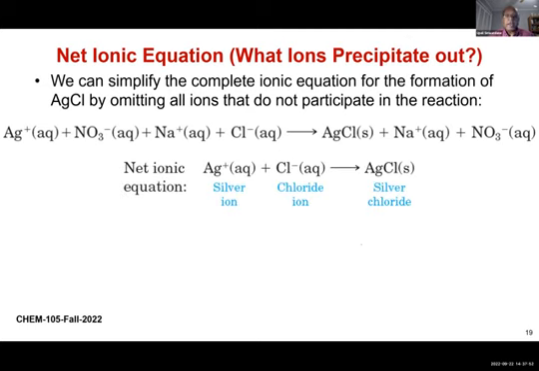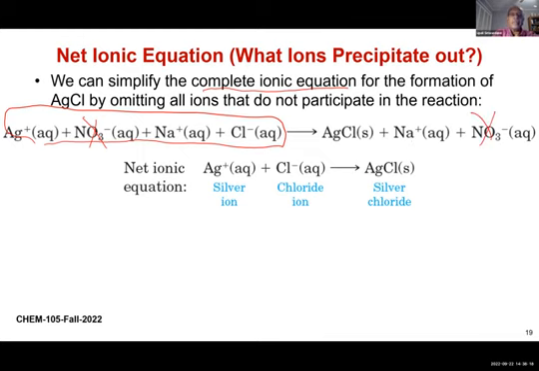To make it easy, we show the net ionic equation. These are the four things we added up in the previous slide. Now to simplify the complete ionic equation, we remove nitrate and nitrate here, sodium ion and sodium ion here. They are called spectator ions. Spectator ions didn't undergo any change.